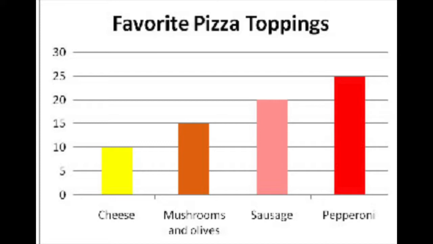So then let's take a look at our y-axis, and this is where our numbers that we're measuring with are. So can anybody tell me the increments we are going by? We are going by 5. So 5, 10, 15, 20.